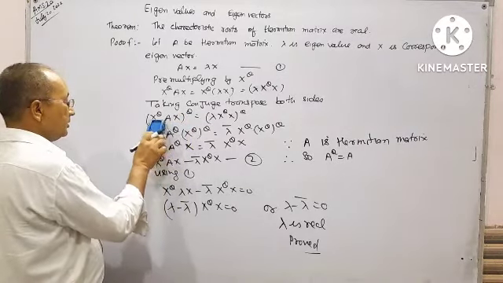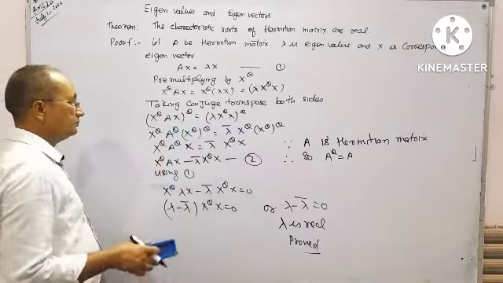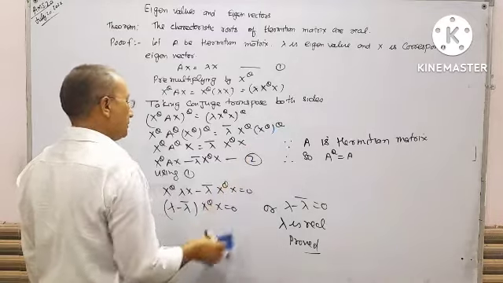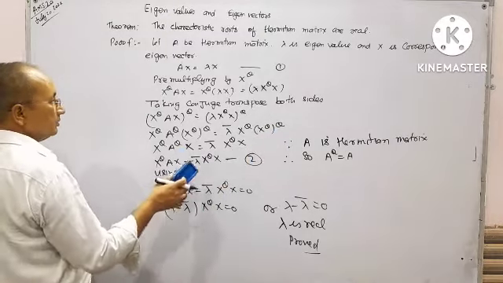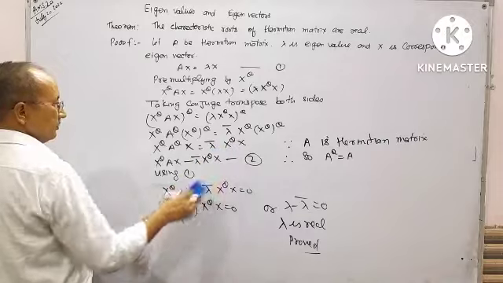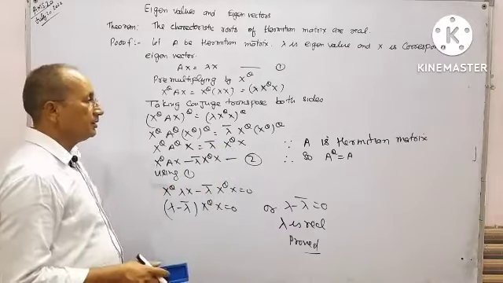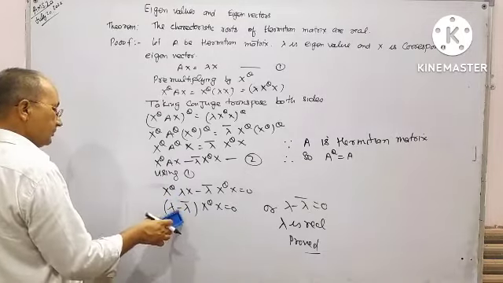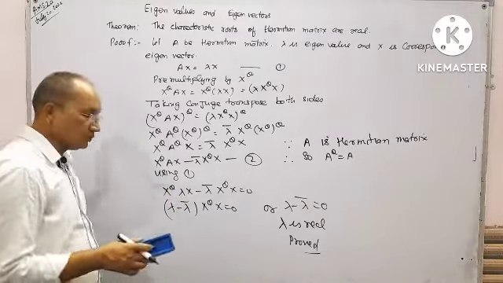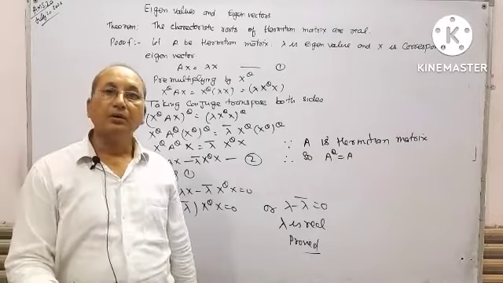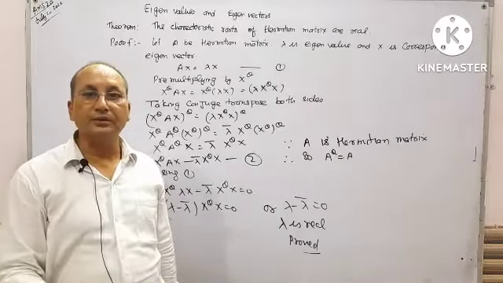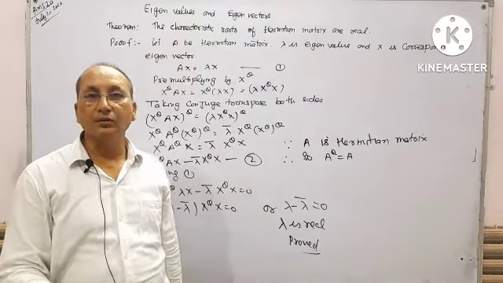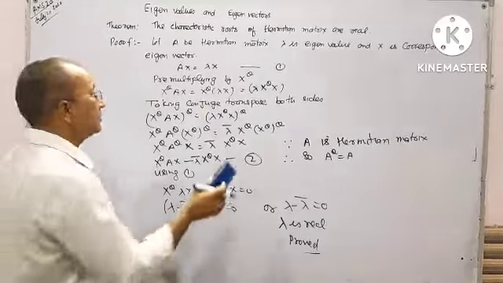A is a Hermitian matrix, A theta equals A, and using the first, we can write lambda minus lambda conjugate times x theta x equals 0, or lambda minus lambda conjugate equals 0. It means that the characteristic root or eigenvalue is real. That's all.